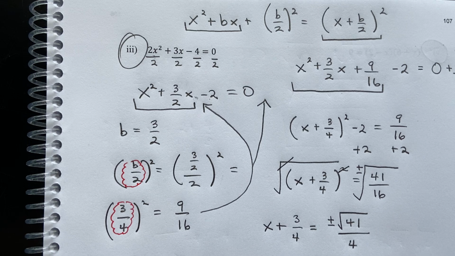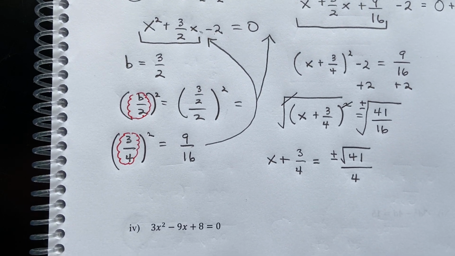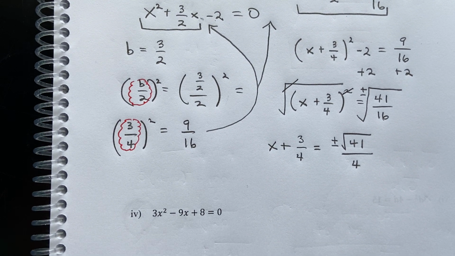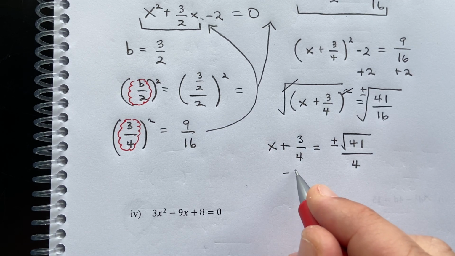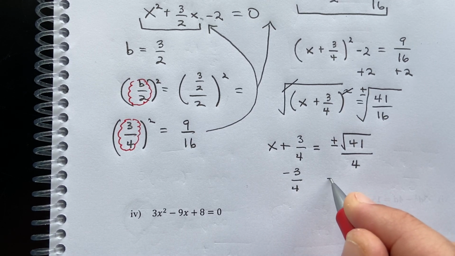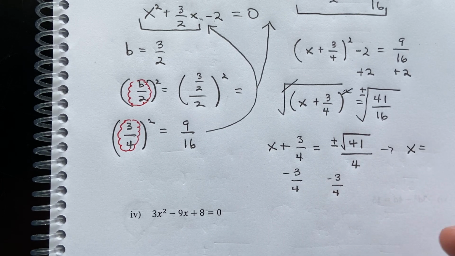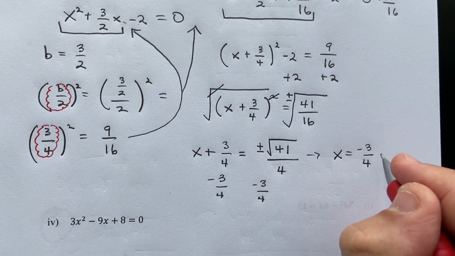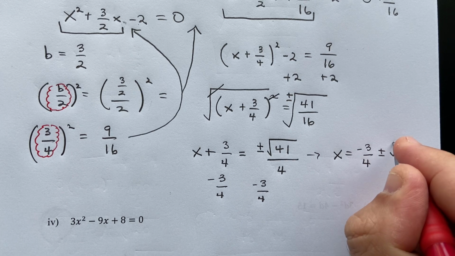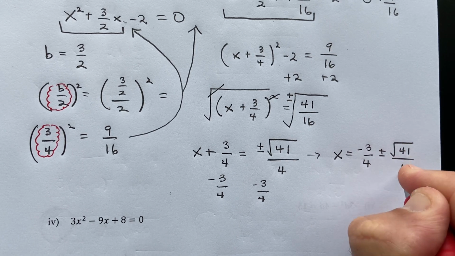So I'll just write 4 down there. Finally, subtract 3/4. So I have x equals -3/4 plus and minus root 41 over 4.